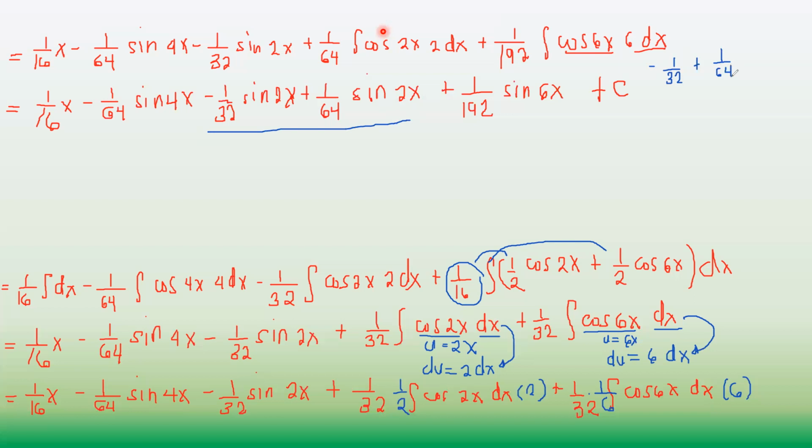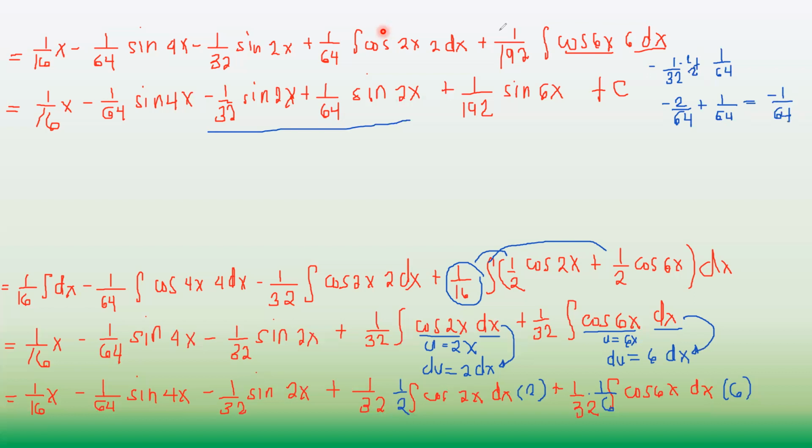Mas malaki ang 64, so gawin natin 64 and 32, multiply mo ng 2. Kaya magiging times 2 ito. So negative 2 over 64 plus 1/64. Negative 2 plus 1 is negative 1. Yan, negative 1/64 ang kanyang equivalent.